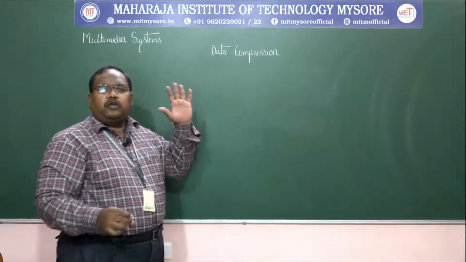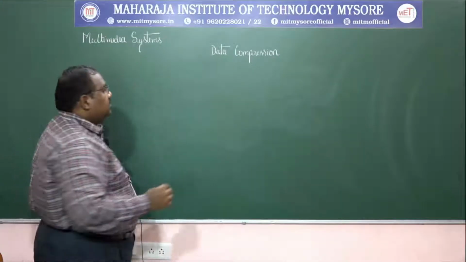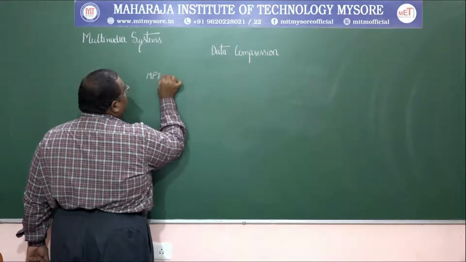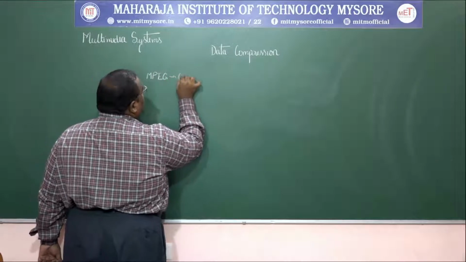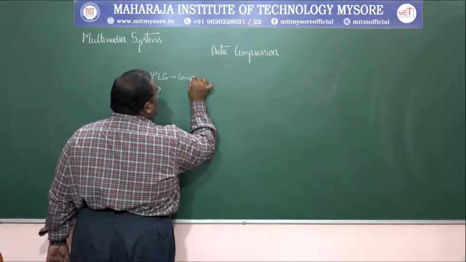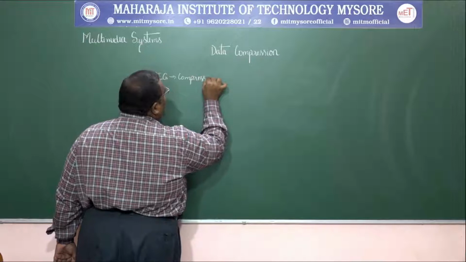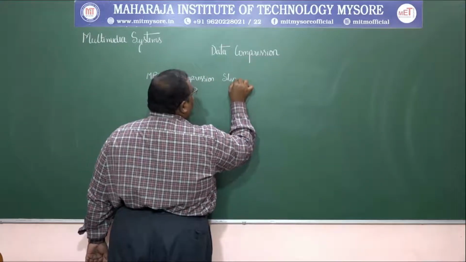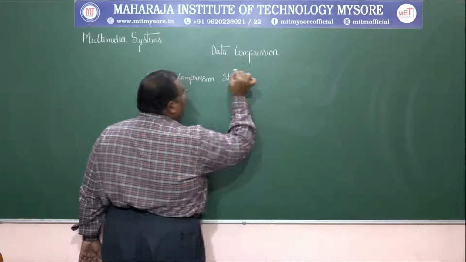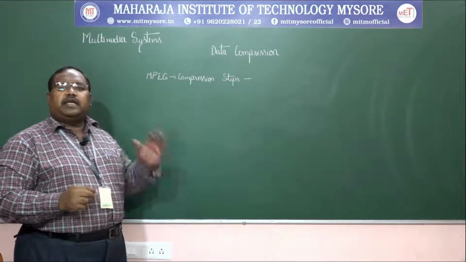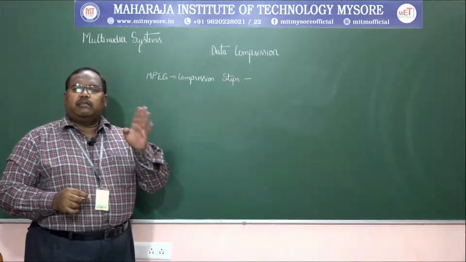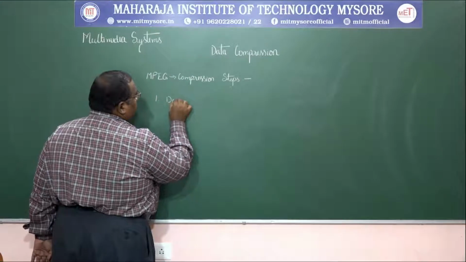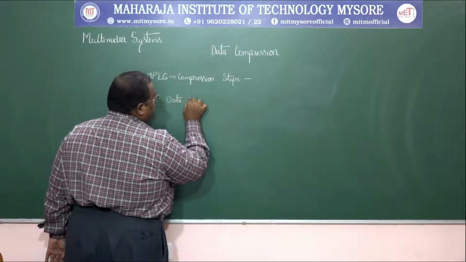Here it's a core part of what we are about to deal with: the MPEG compression steps. The whole MPEG compression can be categorized into 4 major steps. The first one is the data preparation.